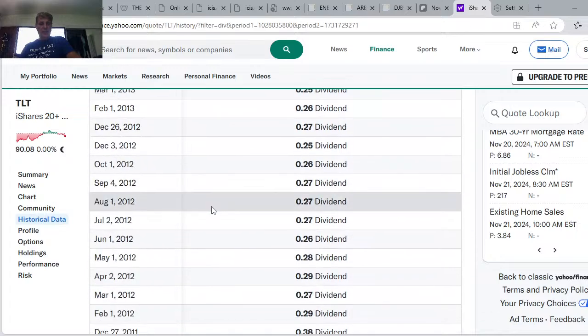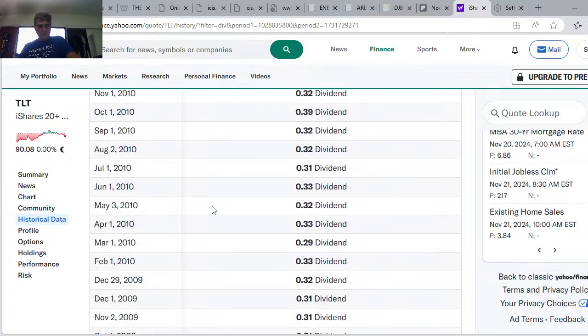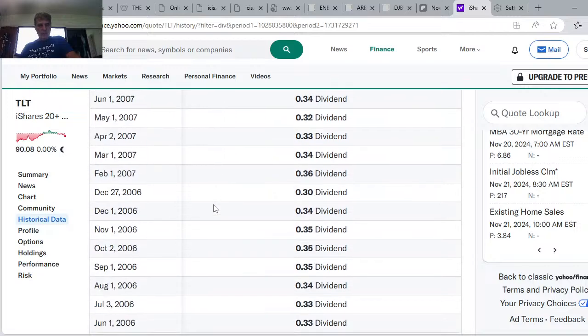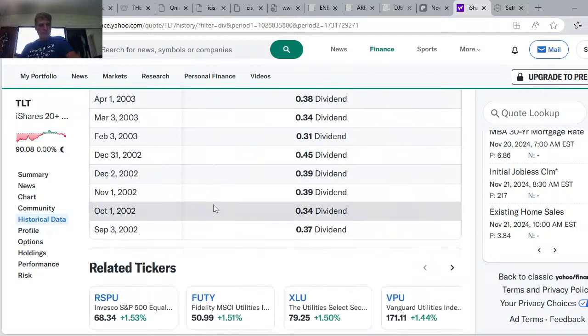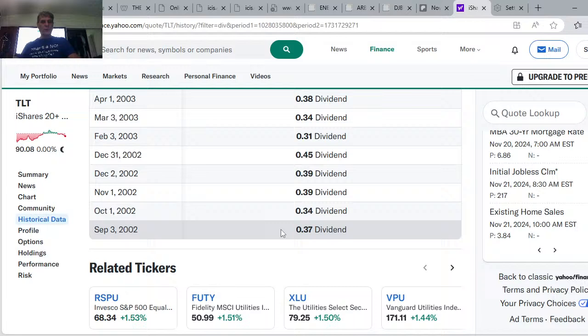Well, they have plenty of dividends. Wow, they do, and they pay monthly. Okay, so they've been paying dividends since 2002.